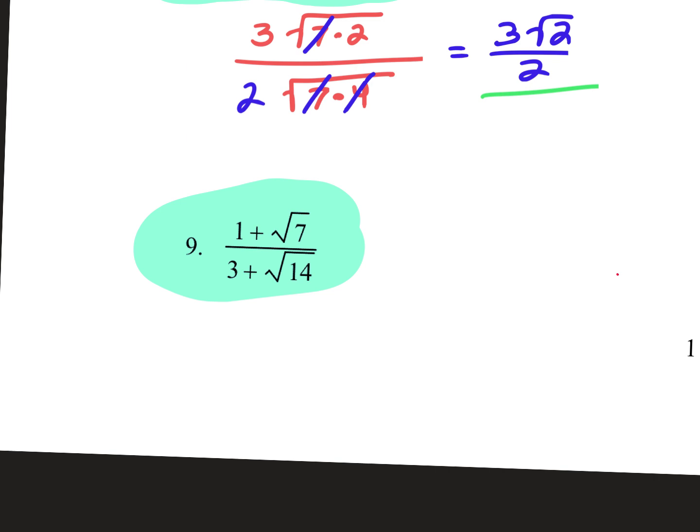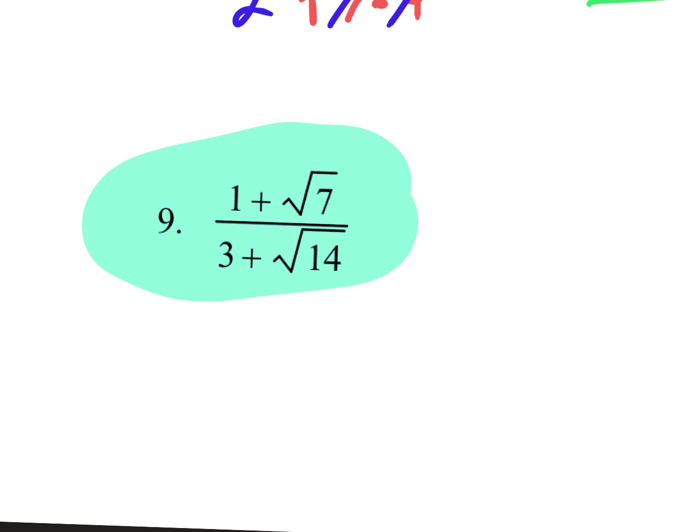All right, how is this one a little bit different from the one we just did? Correct. Is there something attached to that square root of 14? Yes. You cannot just multiply the top and bottom by square root of 14. We need the radical to disappear.